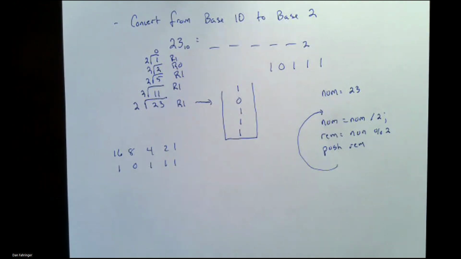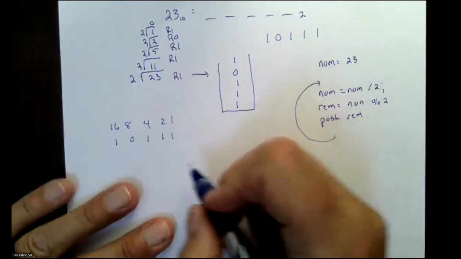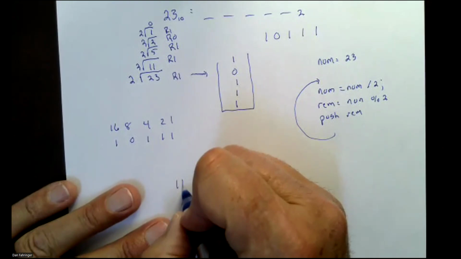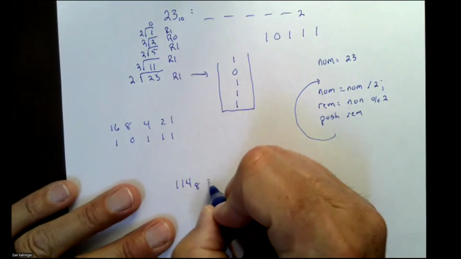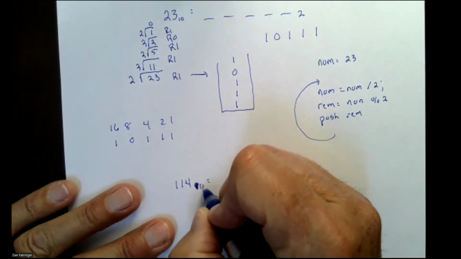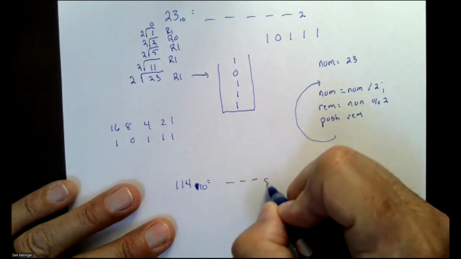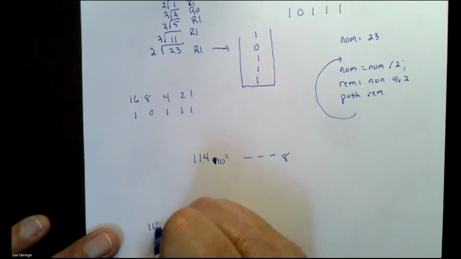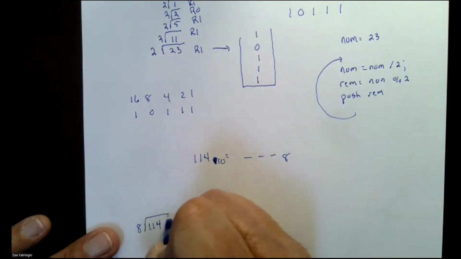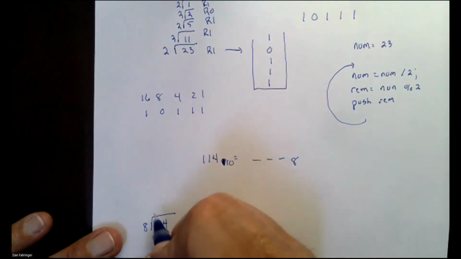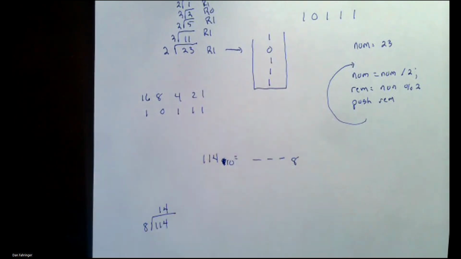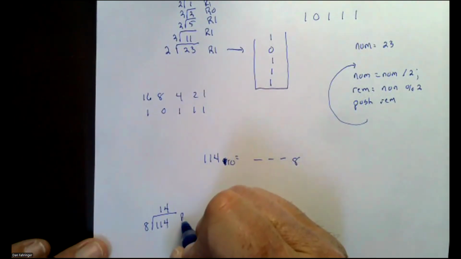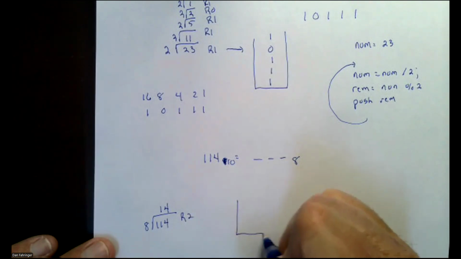Should we try another one? If I wanted to do base 8, what is 114 base 10 converted to base 8? Well, I have my 114. 8 goes into it 14 times with a remainder of 2.